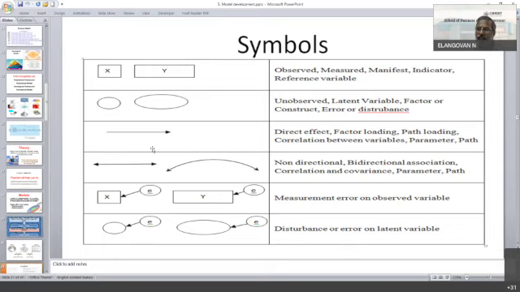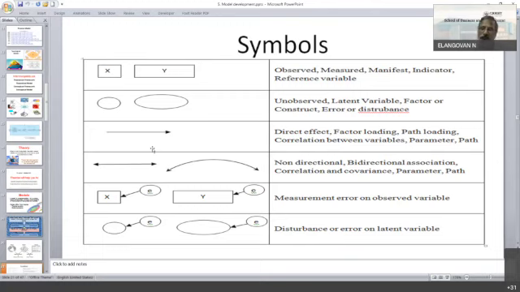Loading means each item is loading into the construct or the latent variable. But impact is influence. One variable is influencing the other variable. That is called the impact.